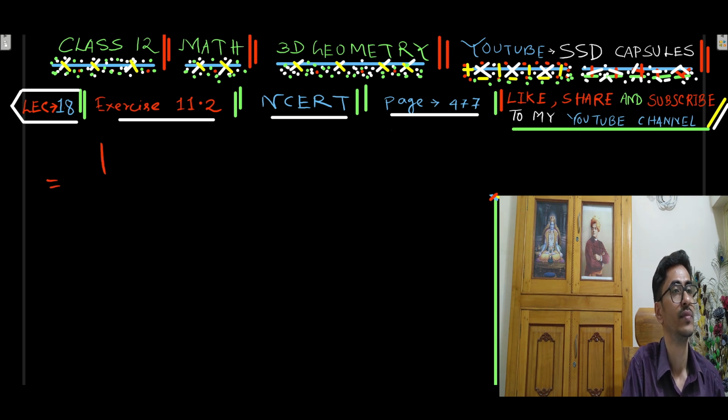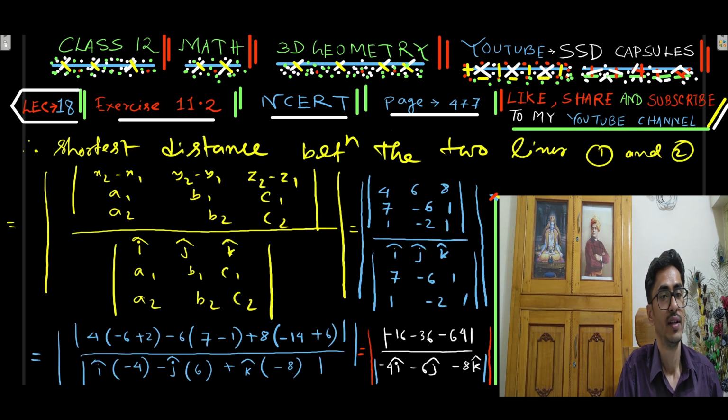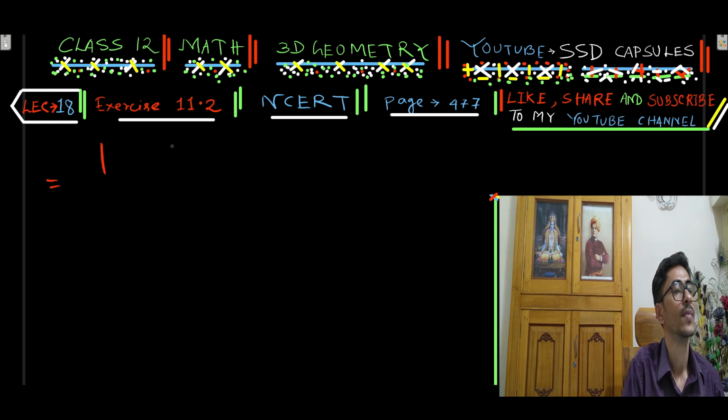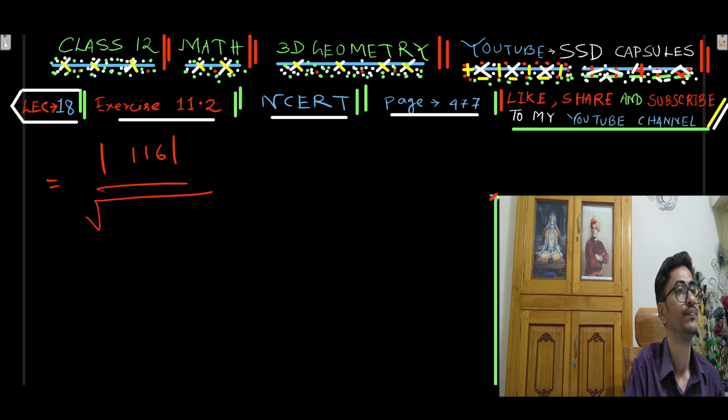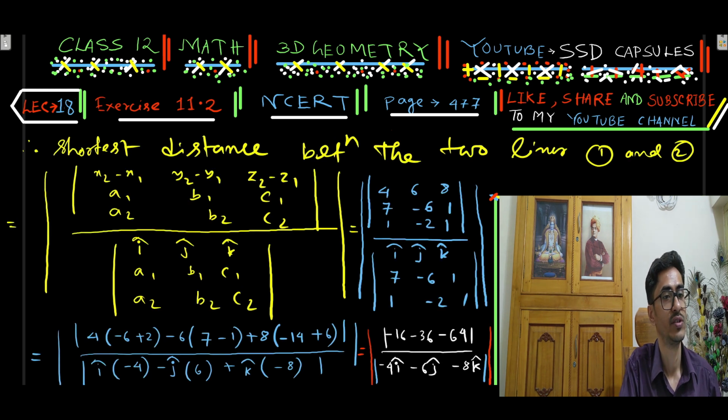What are the values? 64, 36, 16. So 60, 30, 90, 100, 16: 116. So 116 by the square root of, see the previous page, the same thing, 16 plus 36 plus 64.